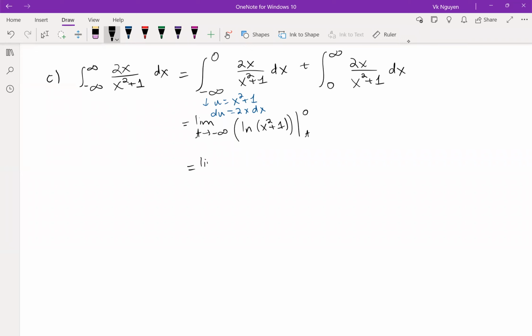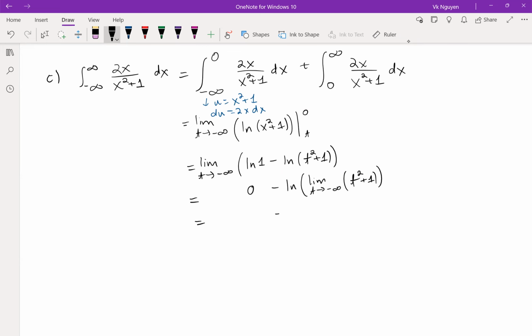Okay, so limit t goes to negative infinity of ln of 1 minus ln of t squared plus 1. Yeah, so we know ln 1 is 0, so it's going to be 0 minus ln of the limit as t goes to negative infinity of t squared plus 1.